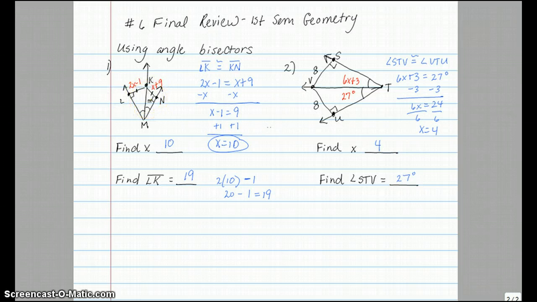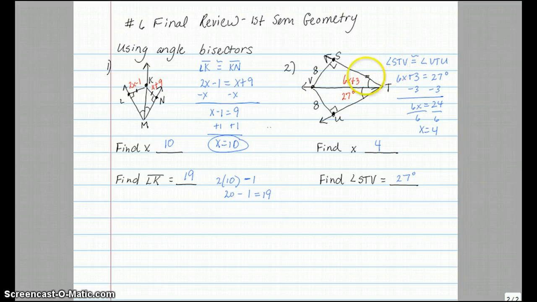All right, for number 2, we know that ray TV is an angle bisector because segment SV and segment UV are both 8, meaning they're both congruent. If that's true, then these two angles have to be congruent if ray TV is an angle bisector.